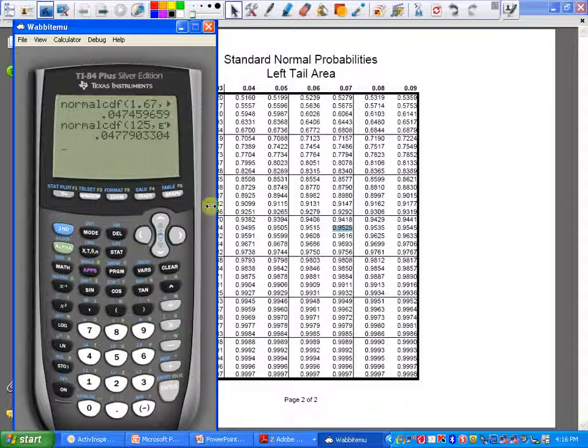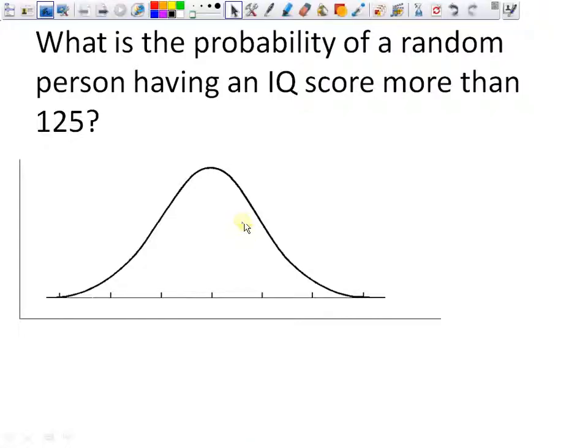The only reason we have some difference is that this one is actually slightly more accurate, because the z-score was rounded to 2 decimal places, and the calculator will round the z-score to however many decimal places it holds, looks like maybe 10 or so. So that's again another example of using the calculator and the z-table.